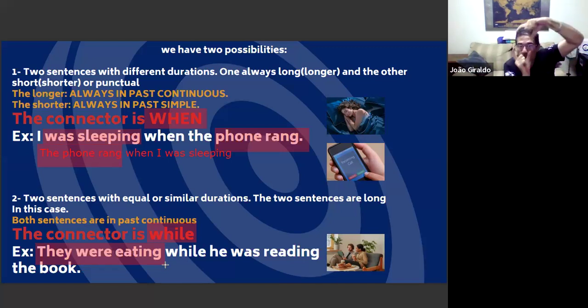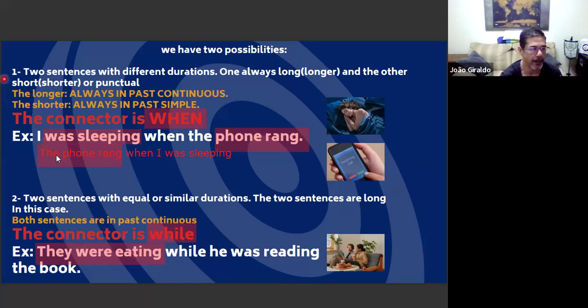In the same duration of this action of eating, he, the man, was reading a book. So the two actions happening at the same time. So the man was eating and reading a book or an interview or studying. Okay, so obligatory to use the connector while here.